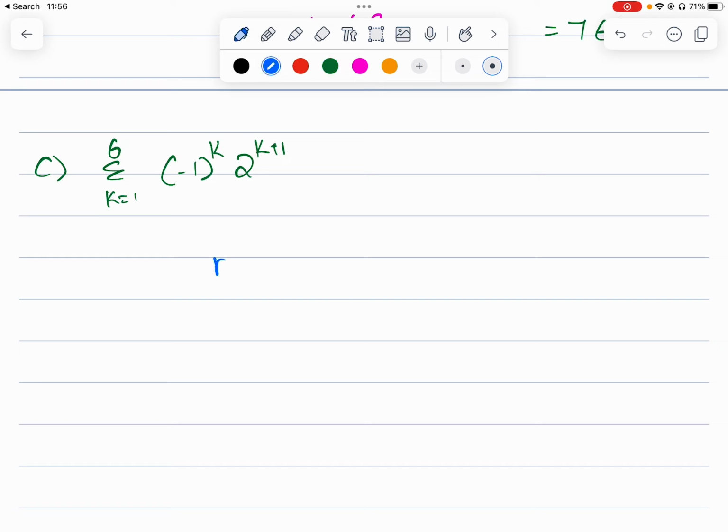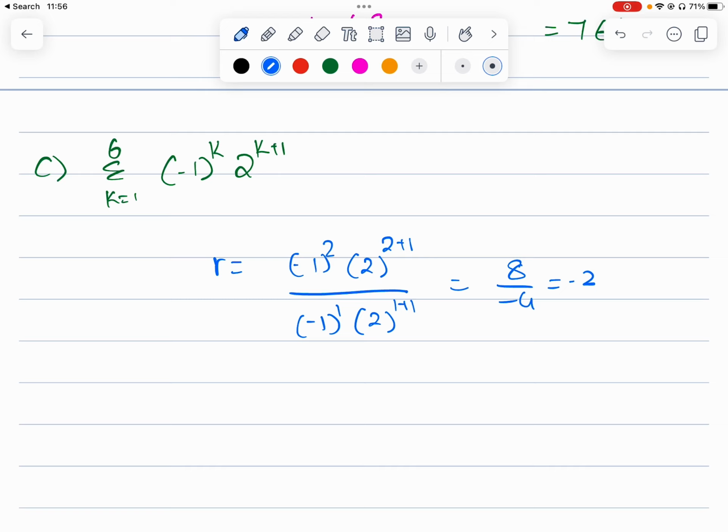So the common ratio is the second term divided by the first term, which gives 8 upon negative 4, which is negative 2. The first term is minus 1 power 1 times 2 power 1 plus 1, which is negative 4.